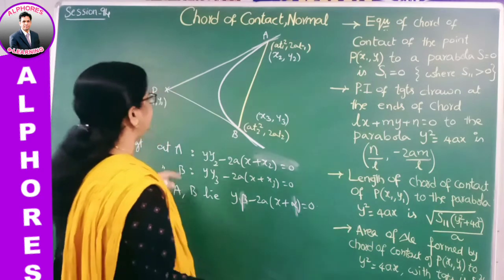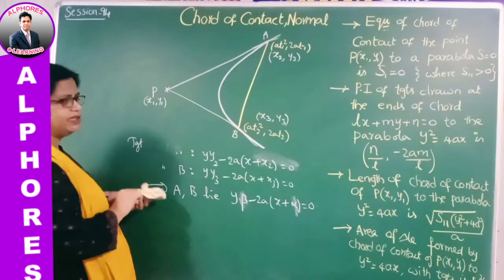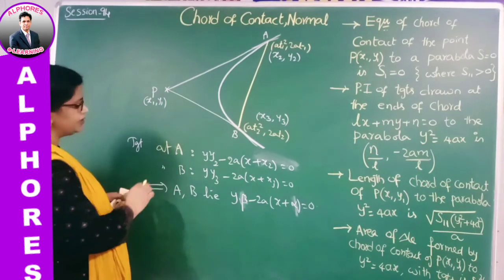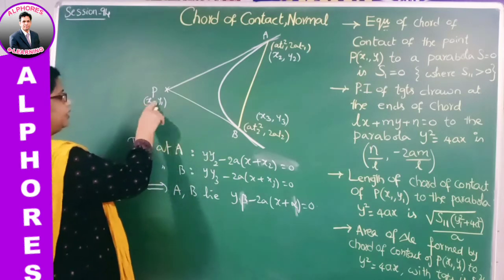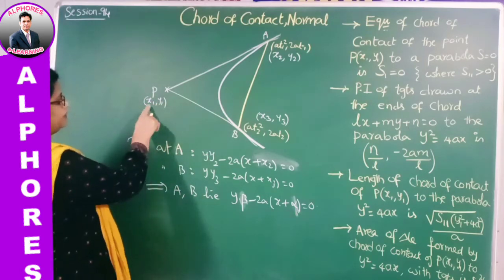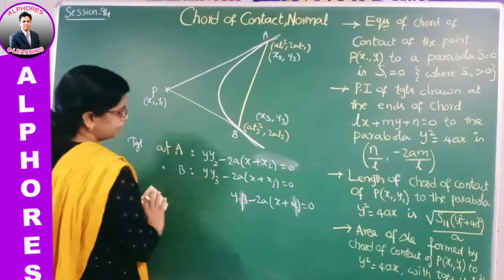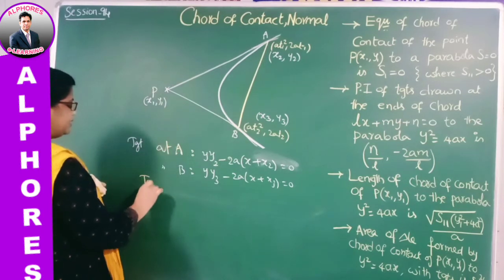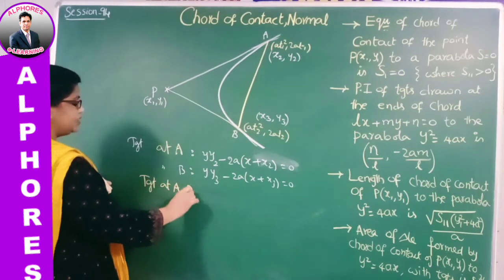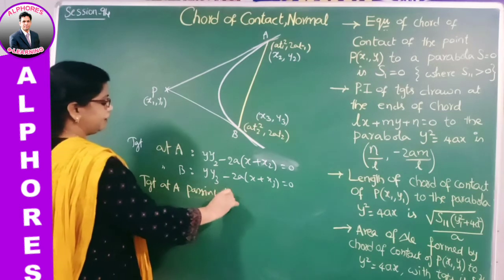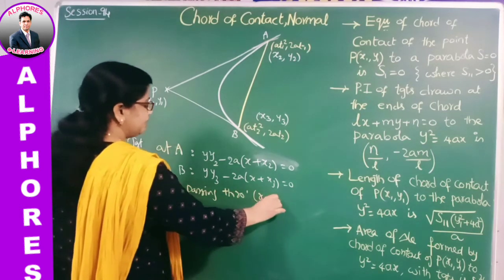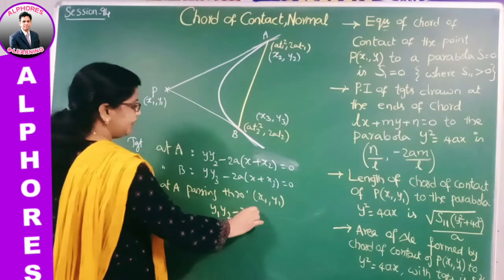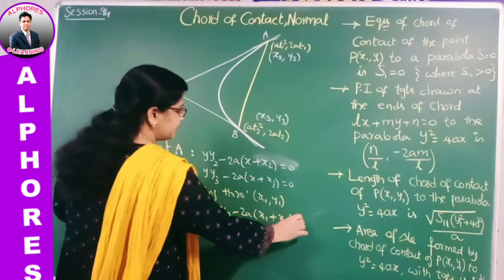Why are we taking exactly x1 y1? Because the tangent drawn at A passes through x1 comma y1. As it is passing through x1 y1, we write y1 y2 minus 2a into x1 plus x2 equal to 0.